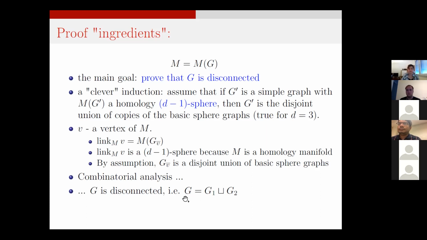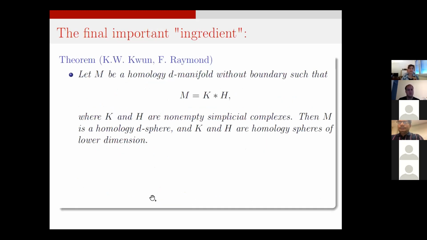And what now? Well, we know that the matching complex of G is a join of two matching complexes. And there comes a theorem from a long time ago, from pure algebraic topology, that says that whenever you have a manifold that is a join of two manifolds, so now we are far from combinatorics.